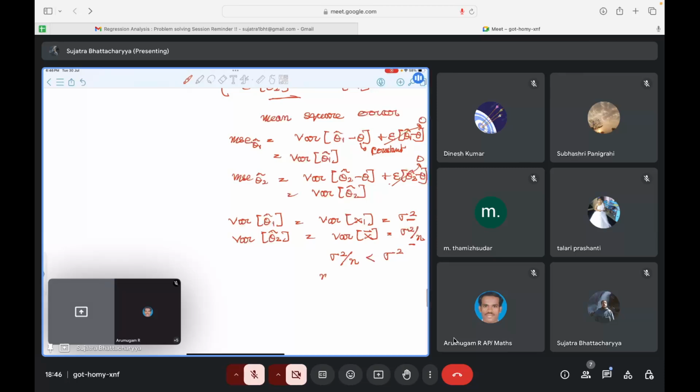Therefore, this is MSE of theta 2 cap, and this is MSE of theta 1 cap. So MSE of theta 2 cap is actually less than MSE of theta 1 cap. Therefore, theta 2 cap is a better estimator for population mean.